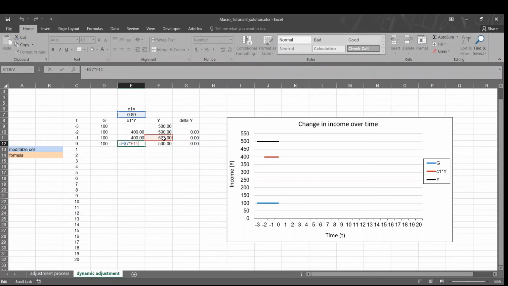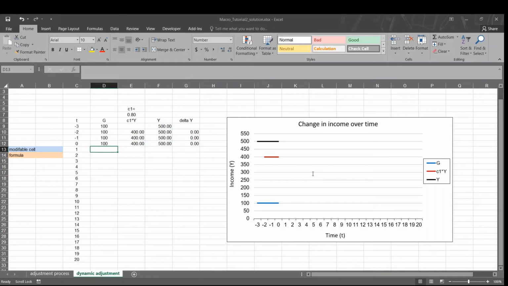Consumers have a marginal propensity to consume of 0.8, so they would consume 0.8 multiplied by the previous income 500. So 500 multiplied by 0.8 would give us 400. We have kept our government expenditure at 100, so 100 plus 400 would give us an income level of 500. So until t0, we would have no change in income, that is to say our delta would be 0.